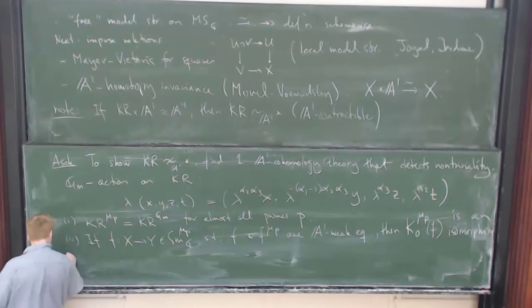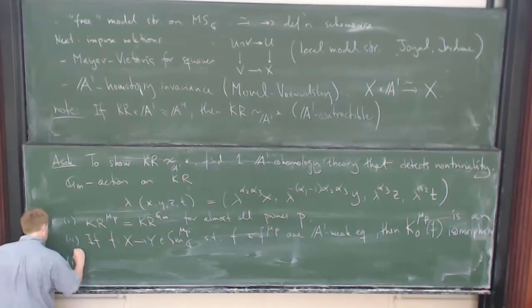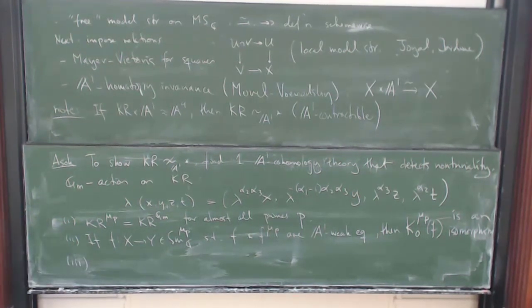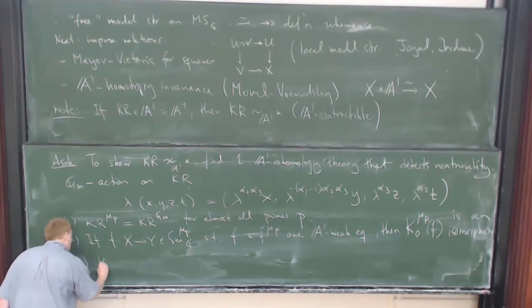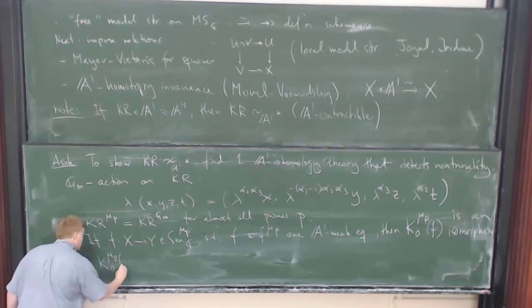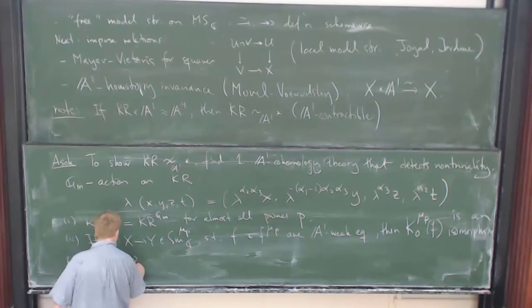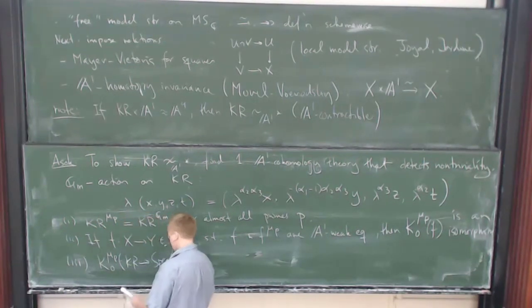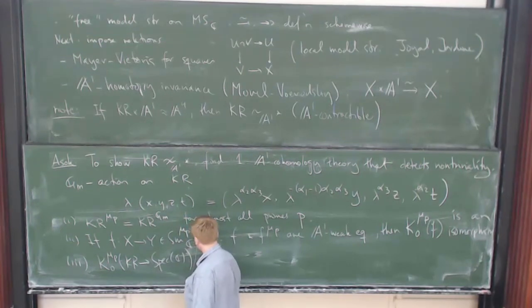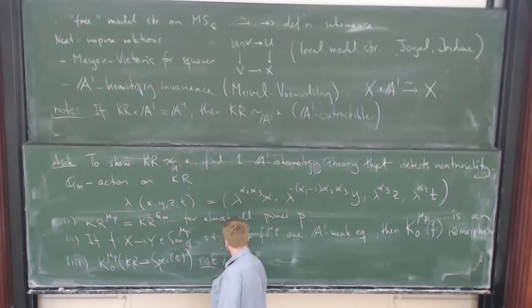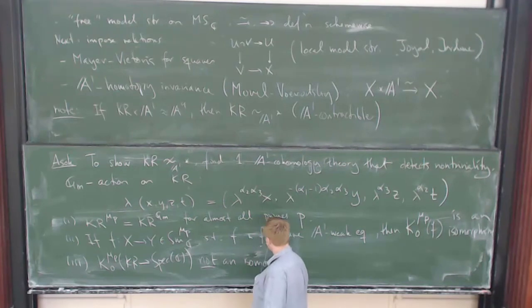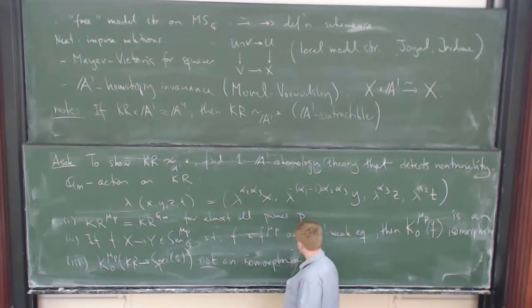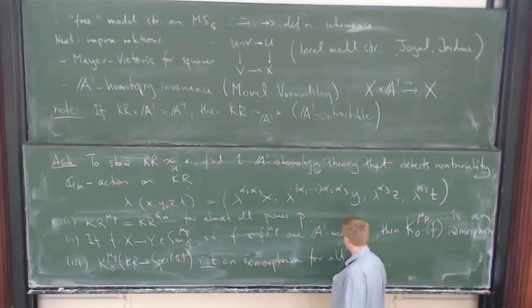And thirdly, the last step, is to show that in mu p K naught, the map induced from the structure map from Kr to Spec C is not an isomorphism, for almost all p.